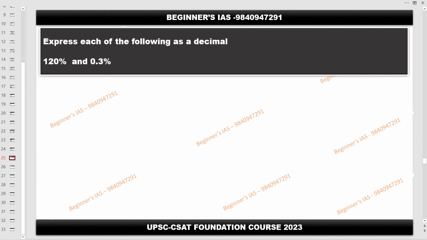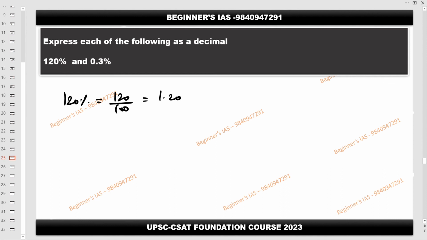1.20. So 120 percent is nothing but 120 by 100. If dividing by 100, you have to move the decimal two places to the left. Therefore 1.20.